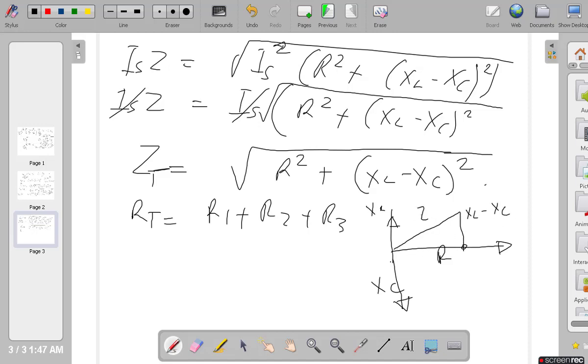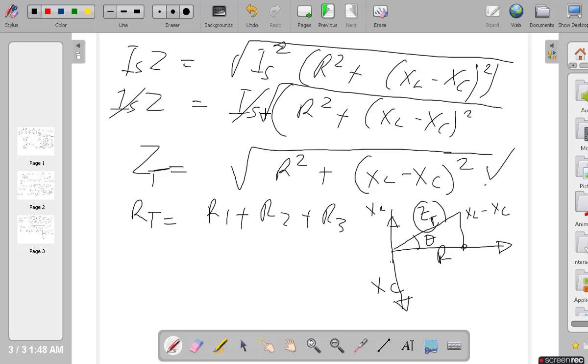And this becomes our total impedance as well. So the total resistance of the circuit, in this case called the impedance, is also calculated using Pythagoras theorem, so it's not a direct, straightforward addition.